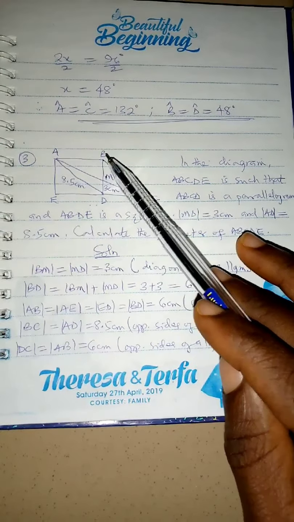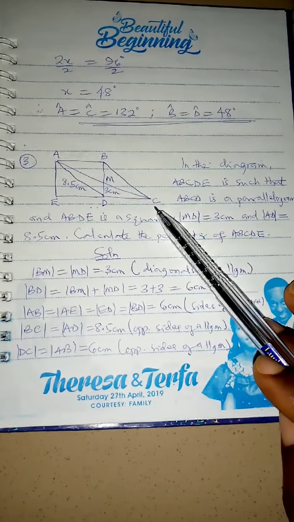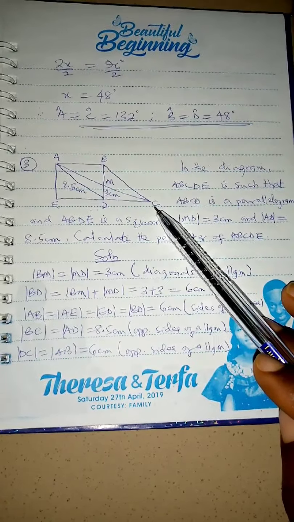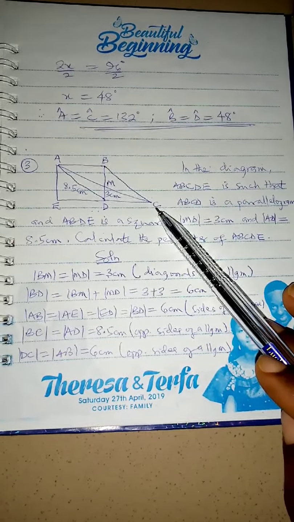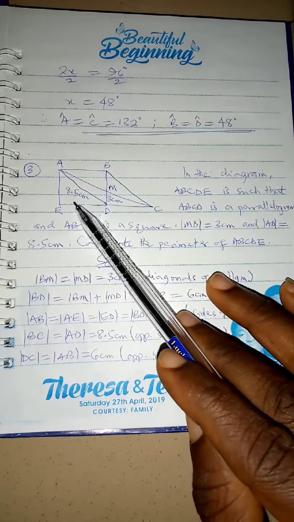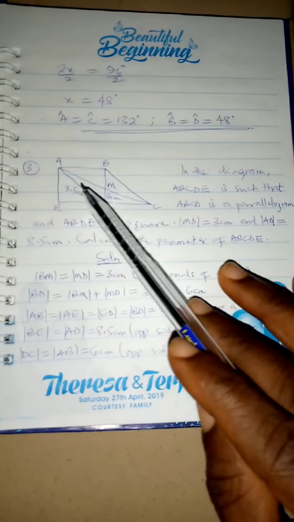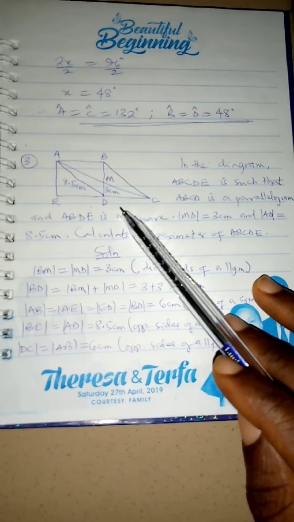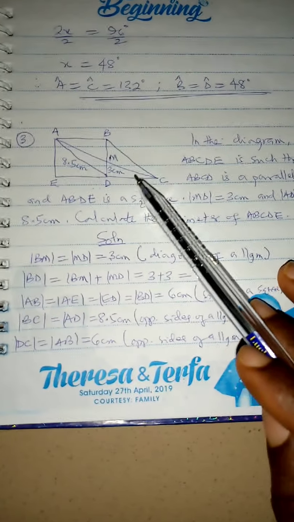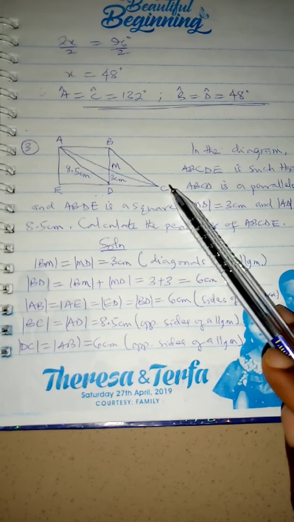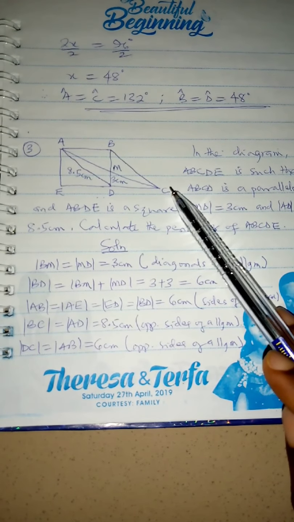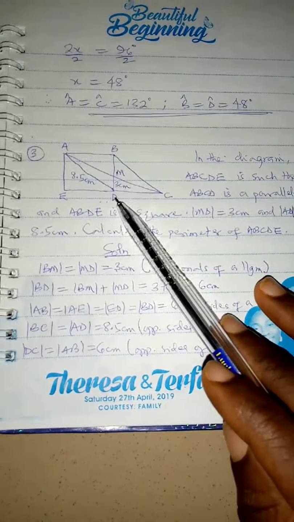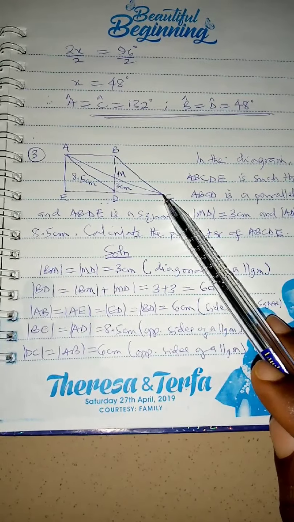Now, BC will be 8.5 cm. Why? Because ABCD is a parallelogram and the opposite sides are equal. BC is opposite to AD in the parallelogram. Therefore, BC will be equal to AD. Similarly, DC will be equal to AB, opposite sides of a parallelogram, and AB is 6 cm.